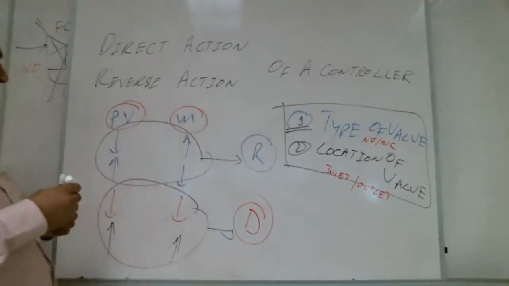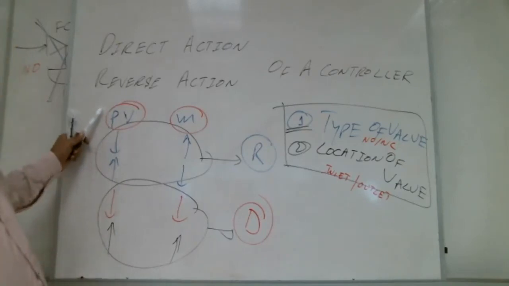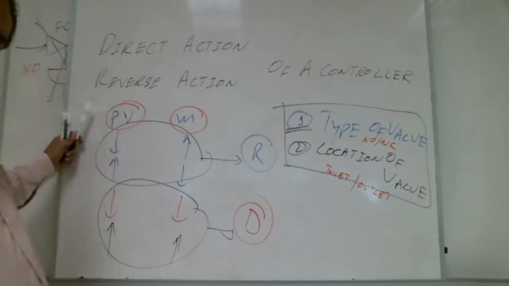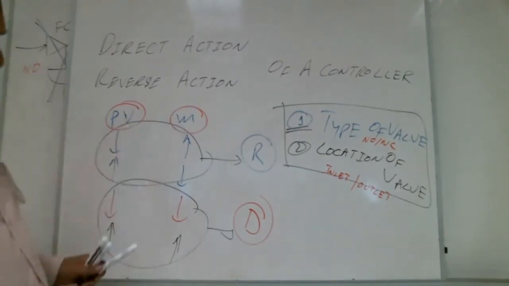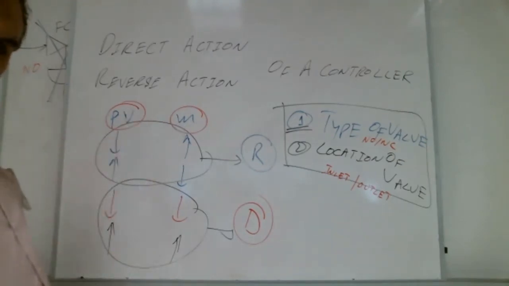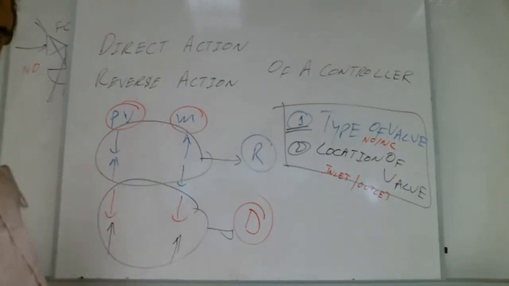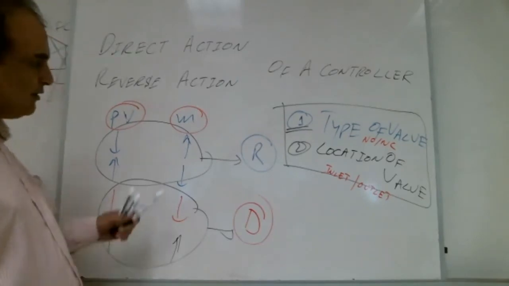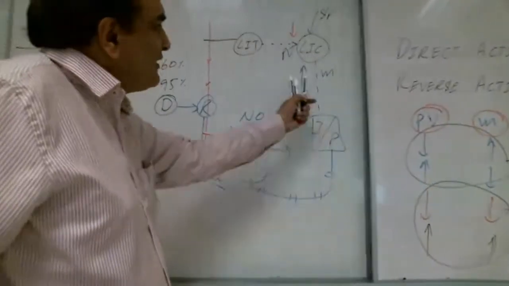What is PV, Shabab? PV is process variable. And what is M? Where is M?